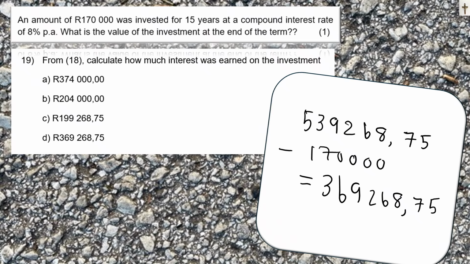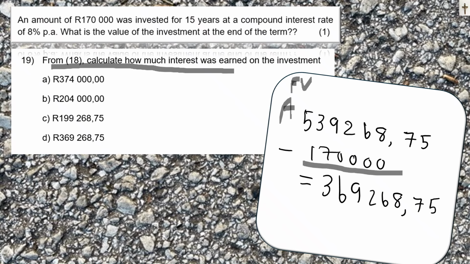It says from the previous question, calculate how much interest was earned. That's A, the future value we just calculated, minus what was invested, which will give us the interest that is earned. Quite easy. And there's the answer, D.